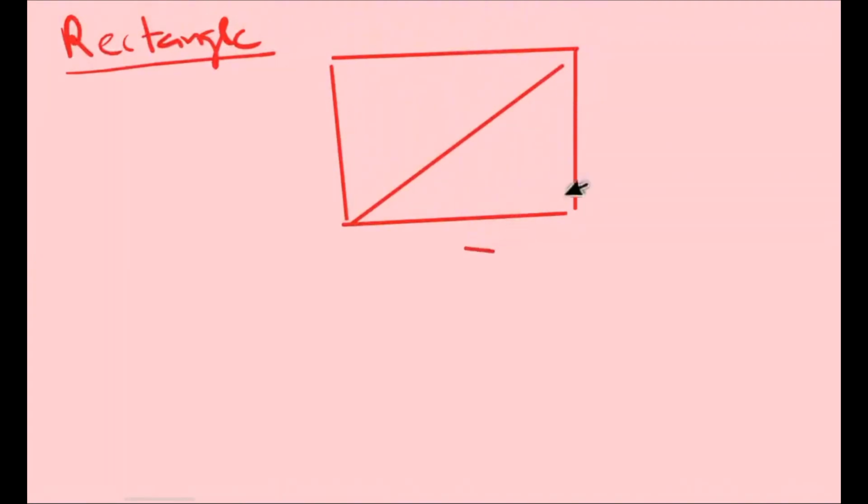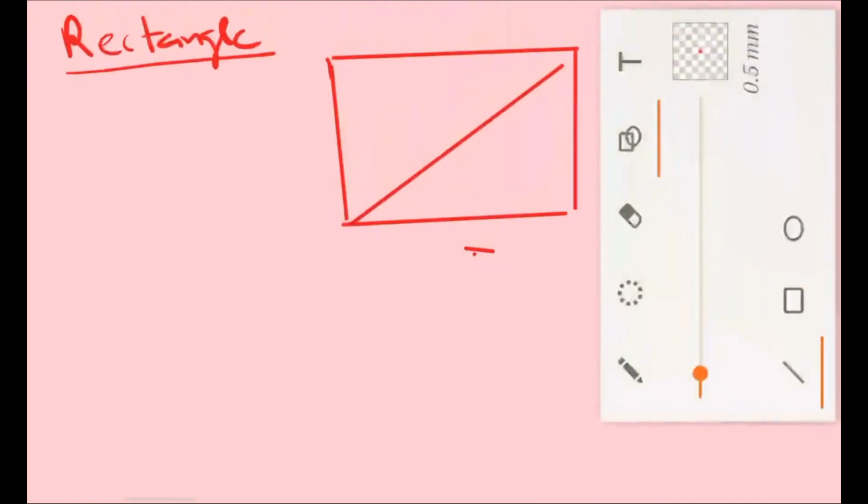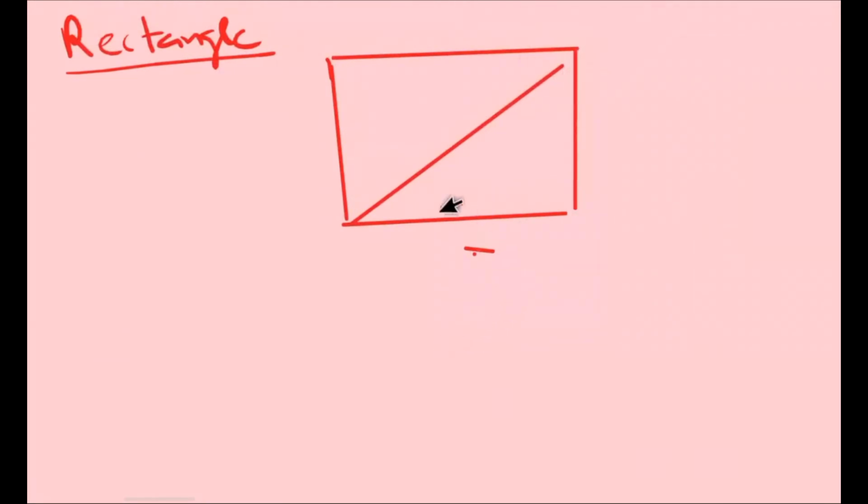Let it be the length. So now we are going to use that here is a rectangle A, B, C, D. This one is length, this one is breadth, this is diagonal, this is 90 degree.